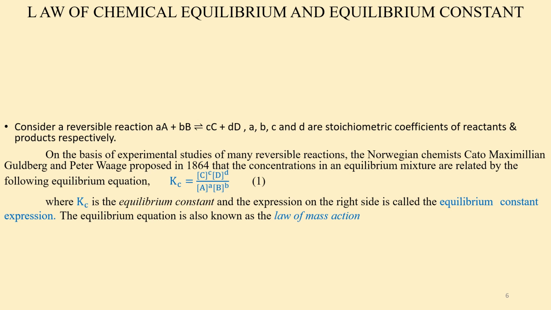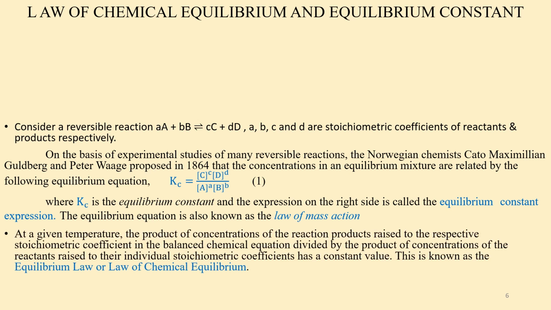Here Kc is the equilibrium constant and the expression on the right hand side is called the equilibrium constant expression. The equilibrium equation is also known as the law of mass action.